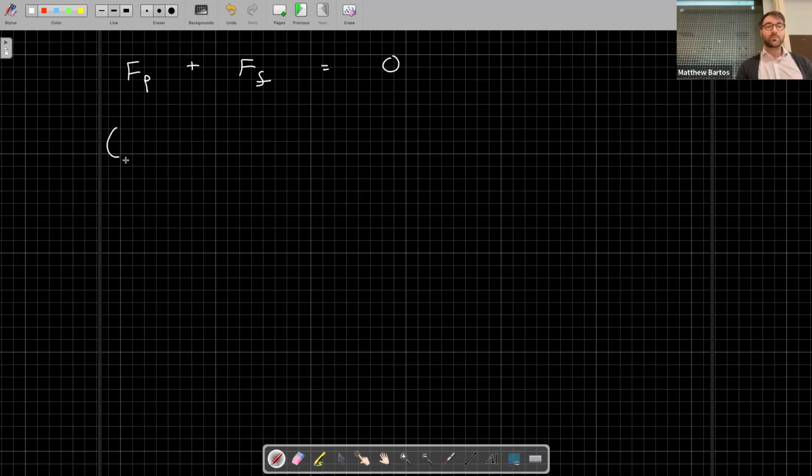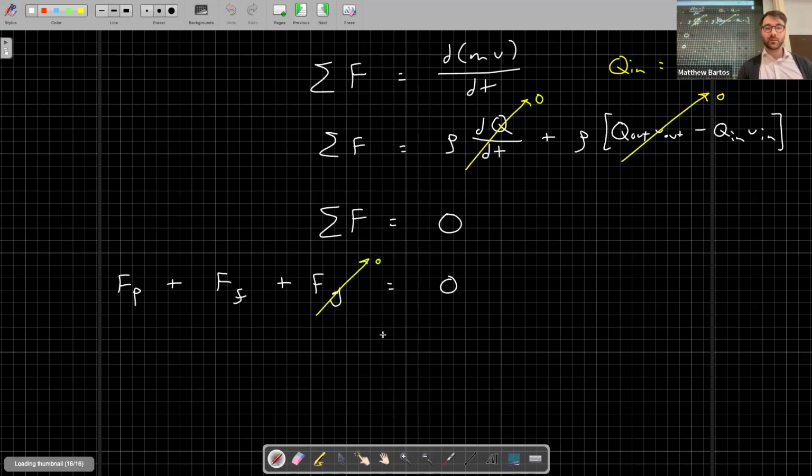The pressure force will be equal to P1A1 minus P2A2. And the frictional force is unknown, but we know that it's going to be acting opposite to the direction of flow, so it's going to oppose the net pressure force. So I'm going to write this as FP minus FF instead of FP plus FF, and same back here as well.